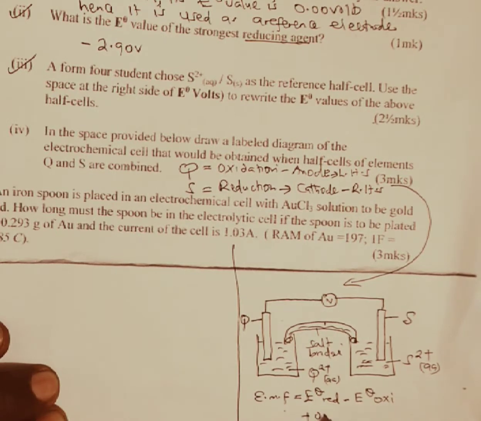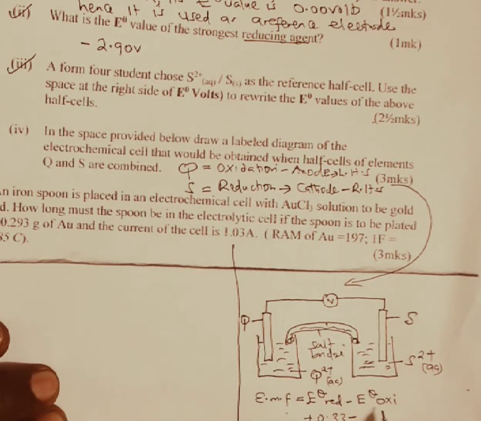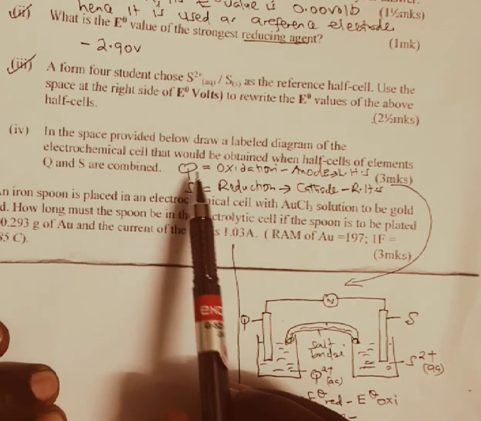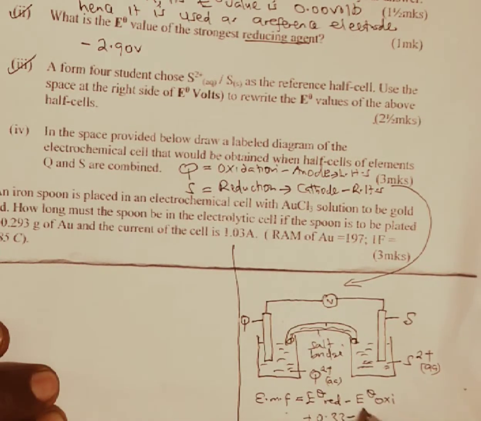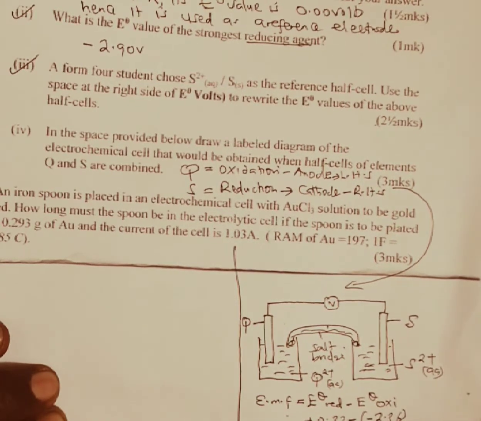positive 0.33. Then we minus the E theta value of the substance undergoing oxidation, and in this case we have element Q, which has an E theta value of negative 2.36.